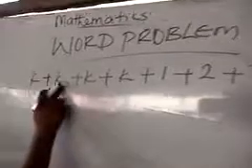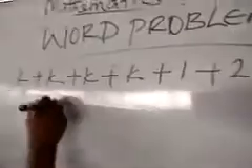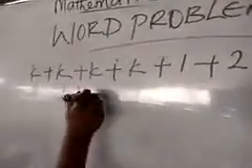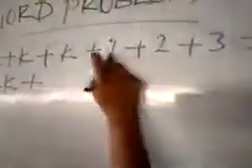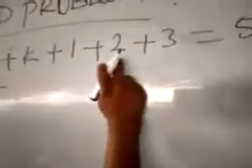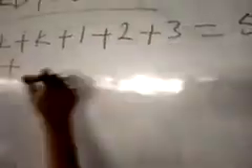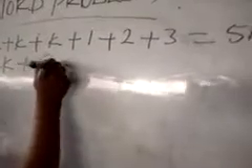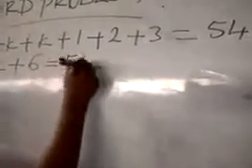Now, K plus K plus K plus K will give you what? 4K. Plus 2 plus 3 plus 2 plus 1 plus 2 will give you 3. 3 plus 3 will give you 6. You have 6. It's equal to what? 54.